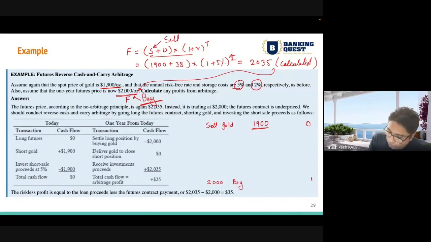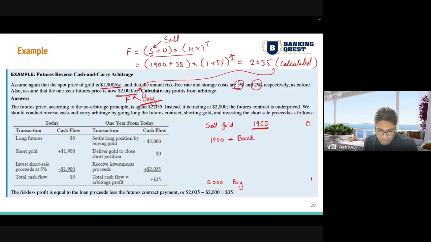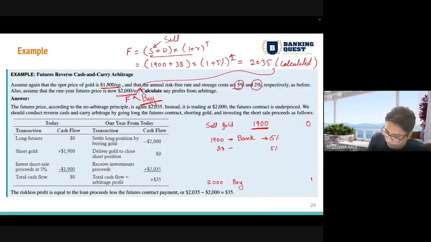When we sell the gold, we will get this much money. That 1900, we will keep in the bank at 5% interest. Also, the 38 rupees, which is the storage cost, which we save because we have sold, will also be kept in the bank at 5%.